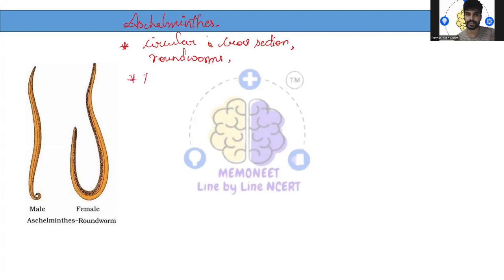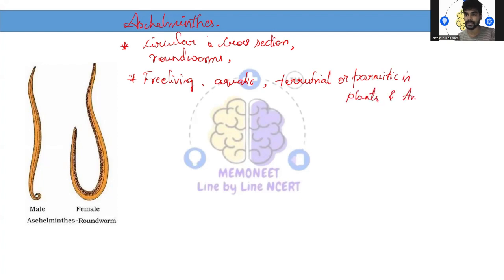They are free living and aquatic in nature, as well as terrestrial, or sometimes they are also parasitic in plants and animals. So these are some of the important points.